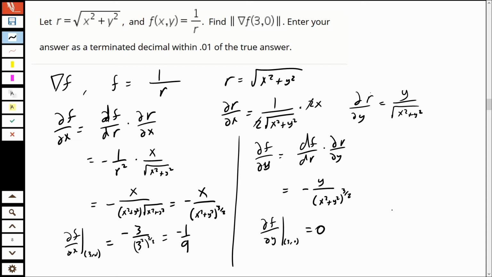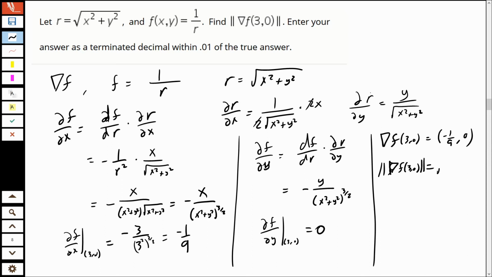Okay, so the gradient at the point (3, 0) is going to be the vector (negative 1/9, 0). So the norm of the gradient of f is going to be the square root of (1/9) squared plus 0 squared, which is 1/9.